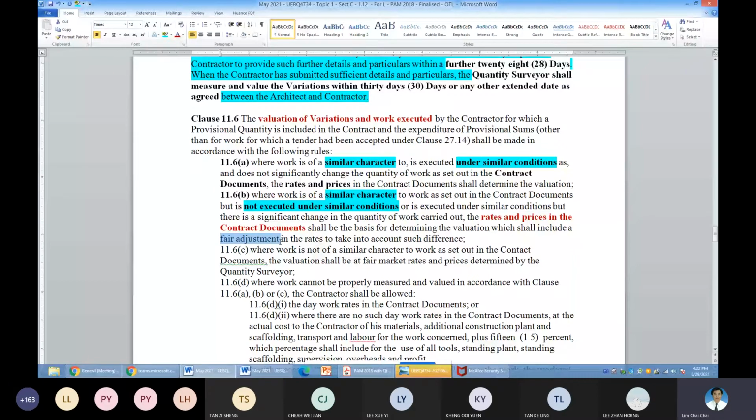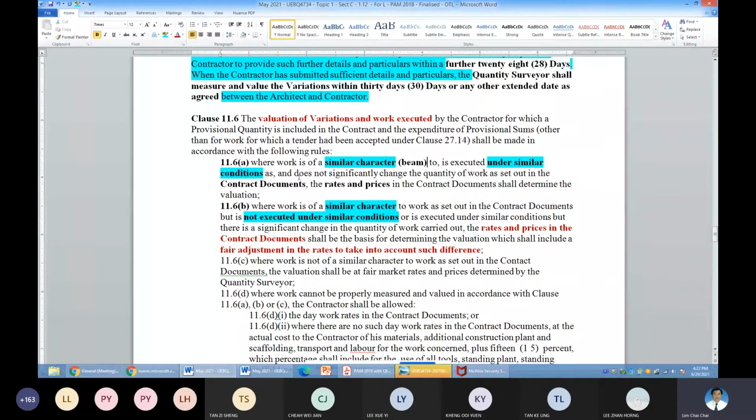So I go back to character. Example, okay? Character, if it's a beam, and then under similar condition. So let's say this one, the beam, the formwork.